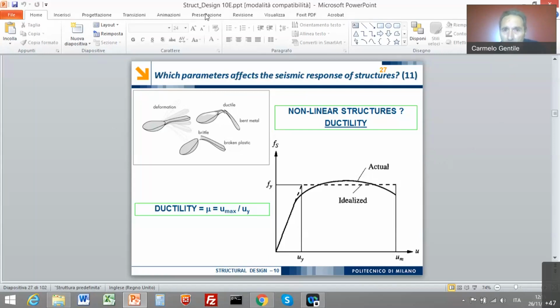Okay, any questions from the audience? So when I increase the stiffness, what is the effect on natural frequencies, does it increase?